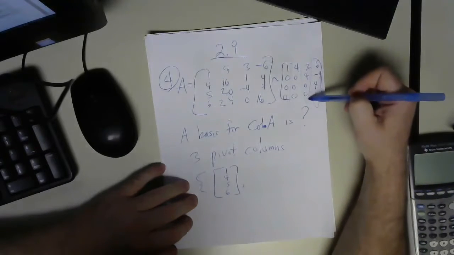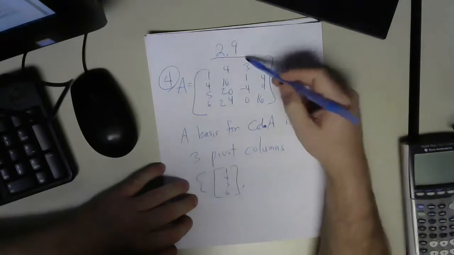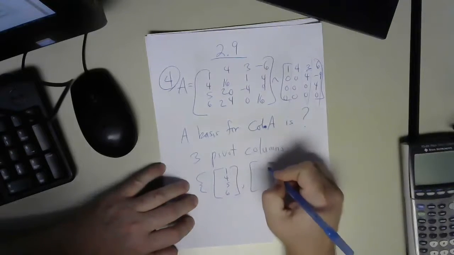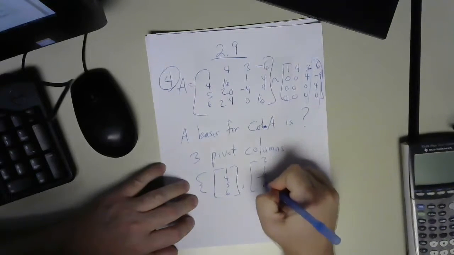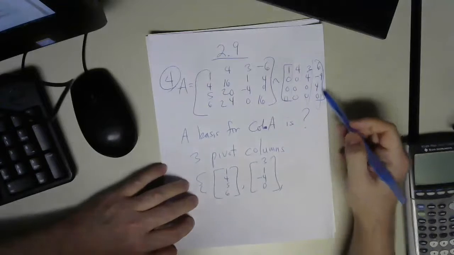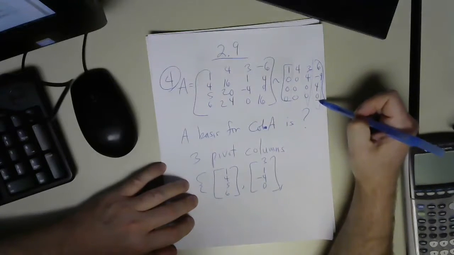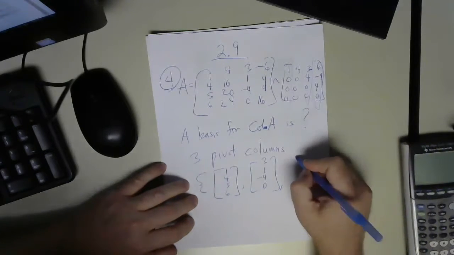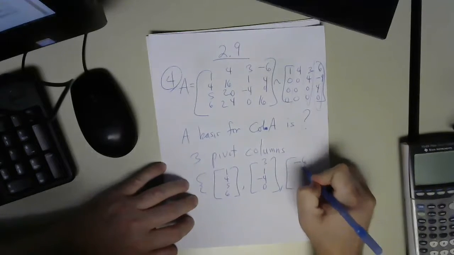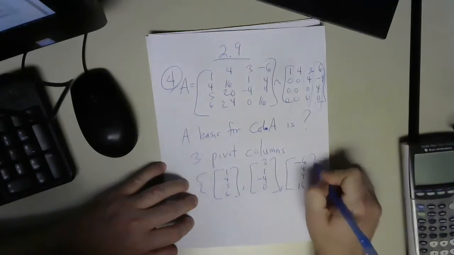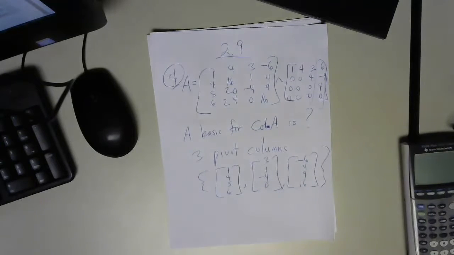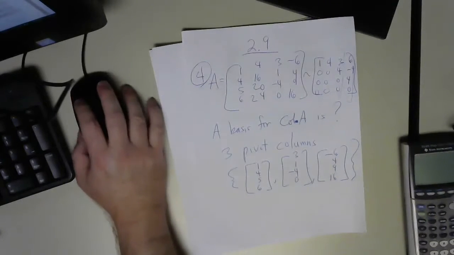The third column of the echelon form was also a pivot column, so I can use the third column of A as another basis element of the column space. And then the fourth column of the echelon form was also a pivot column. So that means I can use the fourth column of the original matrix as a basis element. So you just kind of have to use that fact. So there is a basis for your column space. All right.